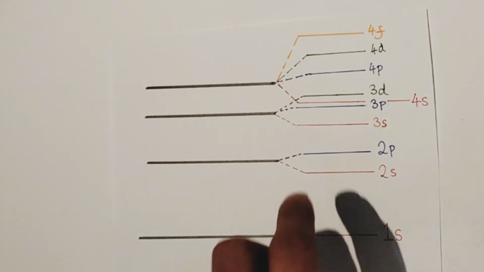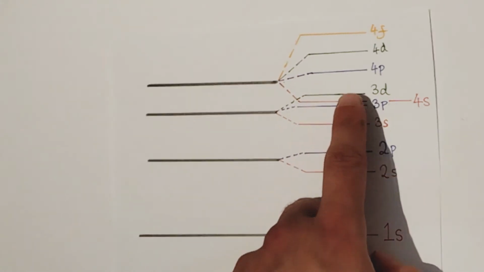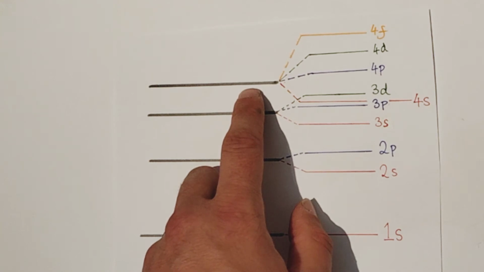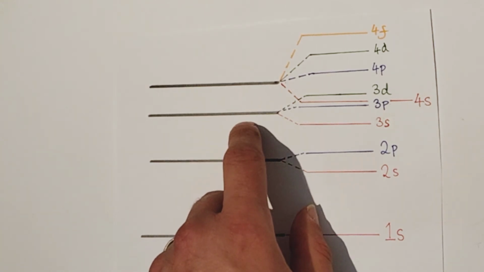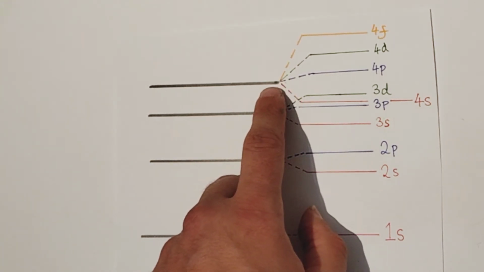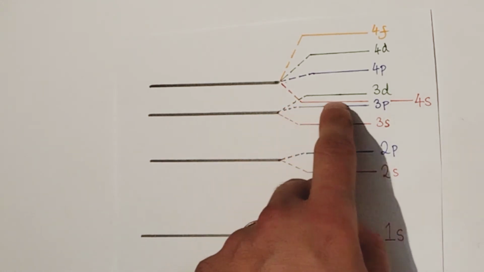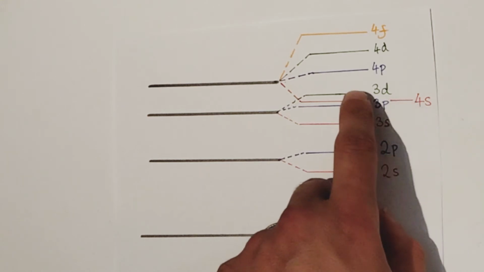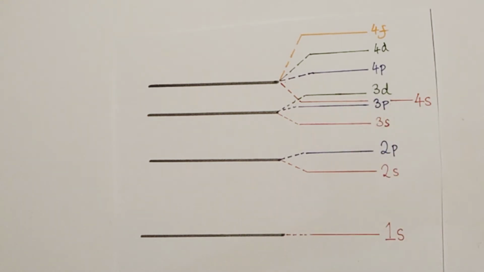Don't forget that contains a 3s, a 3p, and a 3d sublevel. Now, just above it is principal quantum energy level 4, which is close in energy. And look what happens. The lower energy 4s sublevel has actually dipped below the energy of the 3d sublevel when it comes to figuring out our electron configuration.